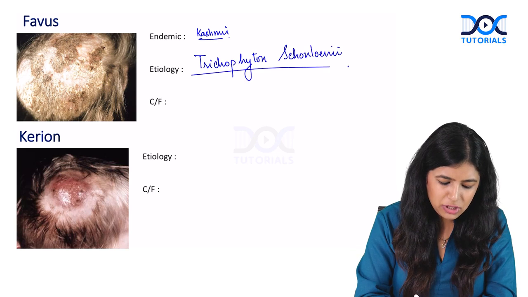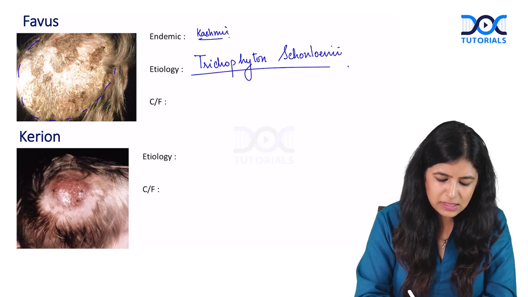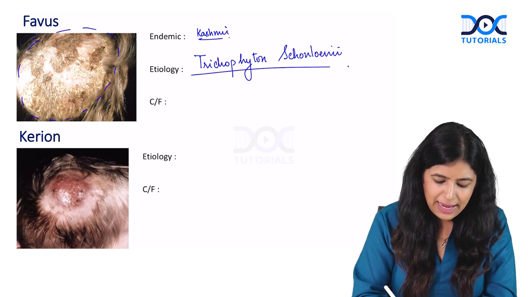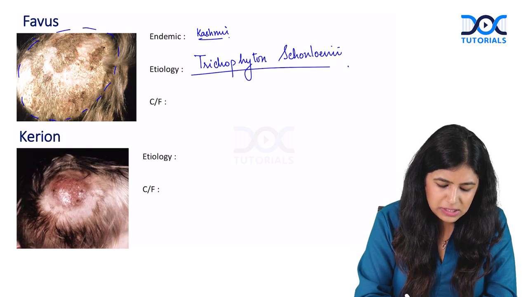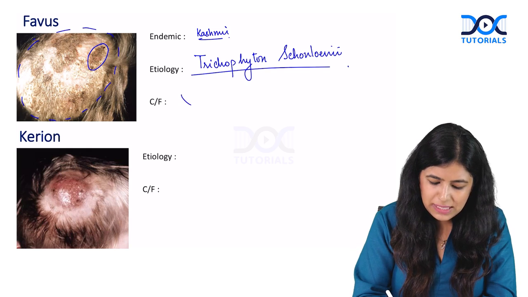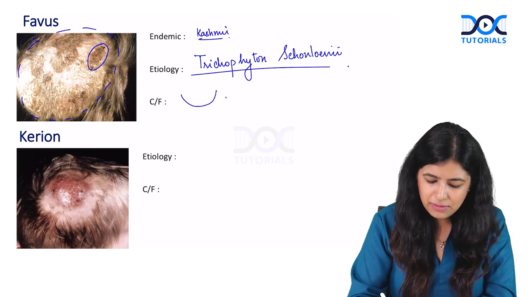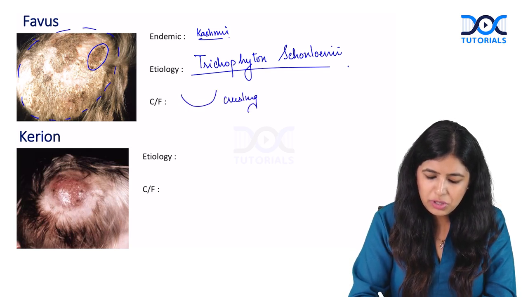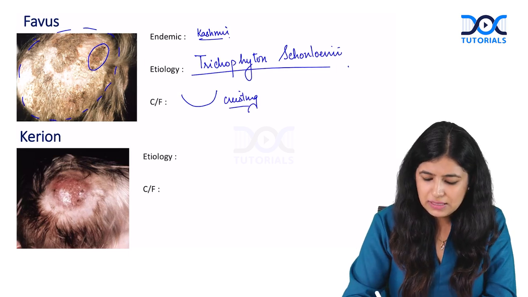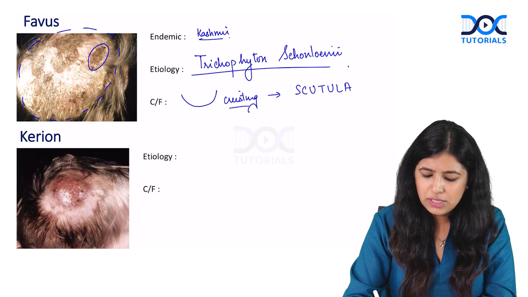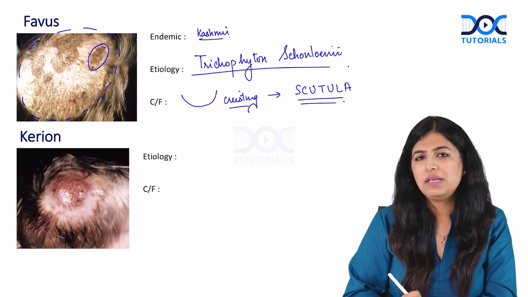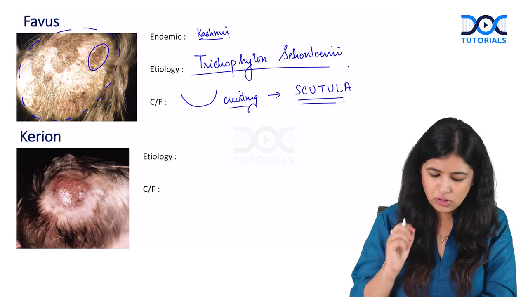And when you see the patient, you see this patch where there is a scarring alopecia. And here the typical cup-shaped crusting is seen. So when you see this cup-shaped crusting, you know you are dealing with Favus. This has a special name. It is called as scutula. So the cup-shaped crusting that you see in Favus is called as scutula.